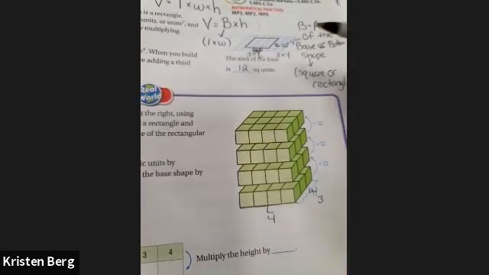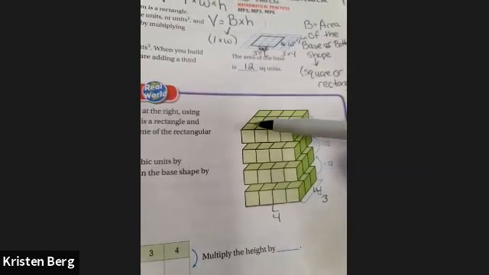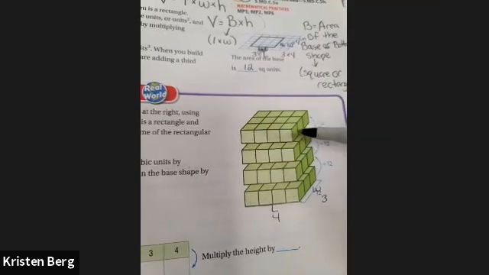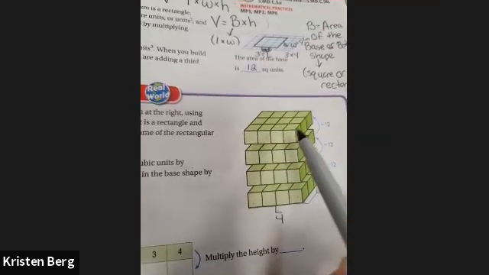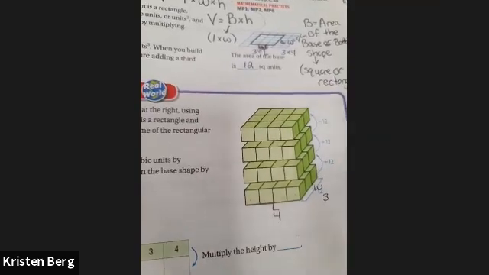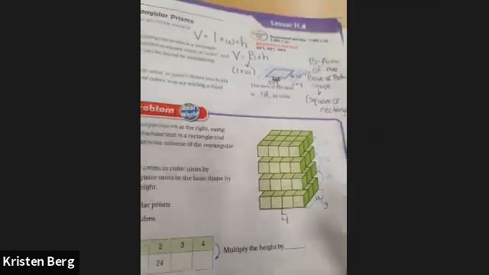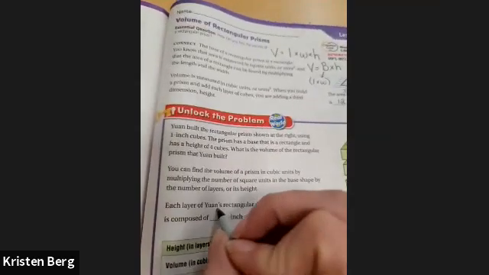That is 12. Now, it's very hard to see this bottom, so if you think it's easier to see this top, that could help you as well. So again, this is 4 by 3. So 4 times 3 is 12 inches cubed for one layer.